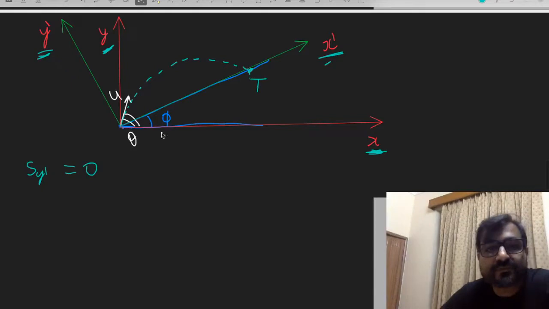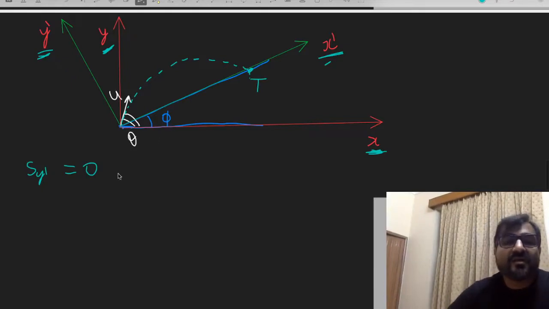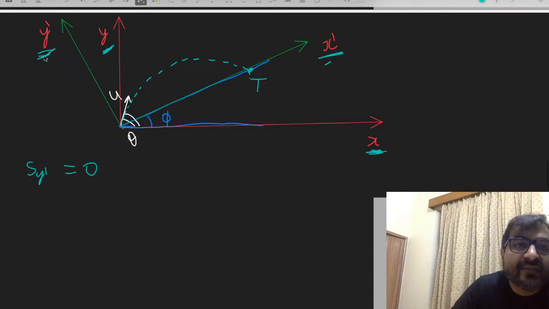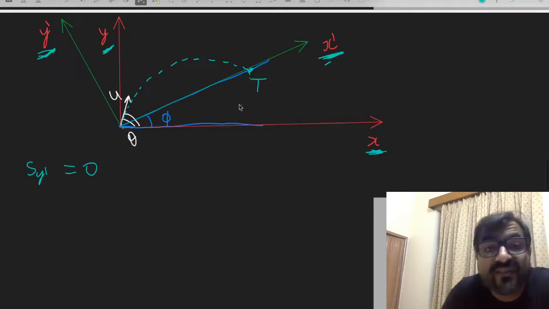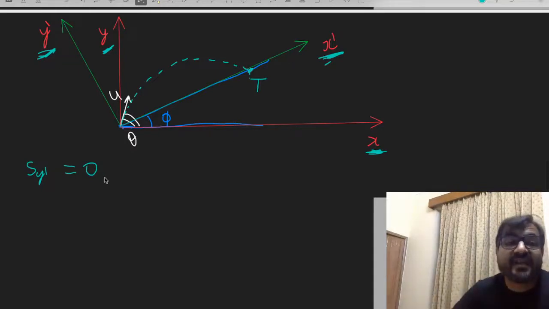Alright. So let's take coordinates along this y dash and this x dash, because here we know the value of coordinates when it lands. So we'll need the angle, and the angle of velocity with x dash is theta minus phi.